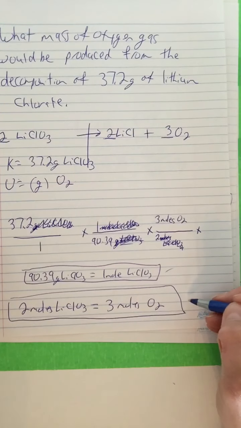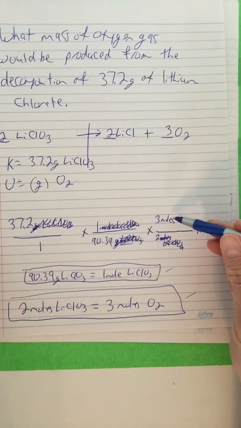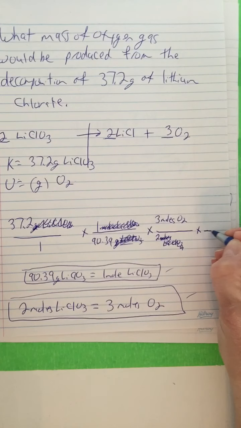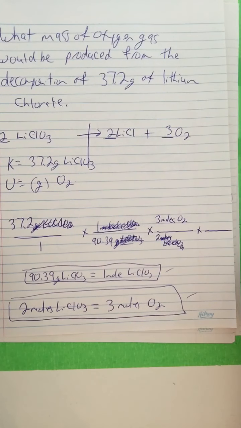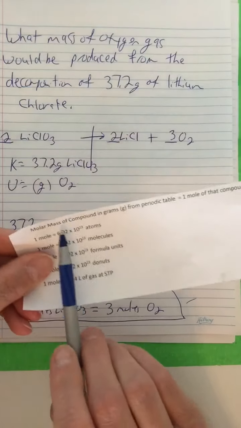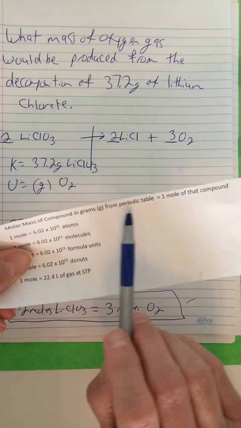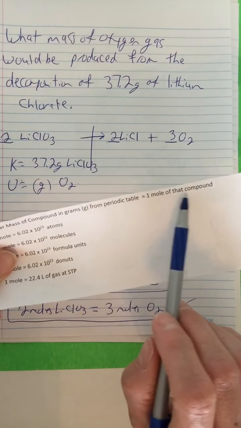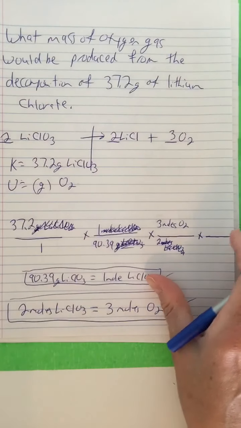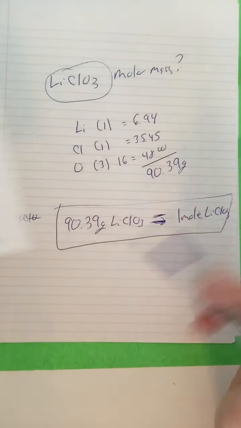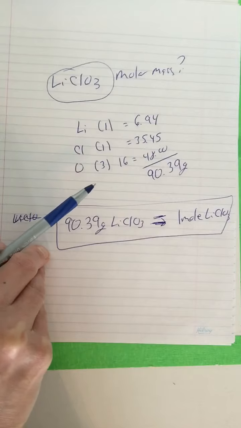So I've used this conversion factor and this conversion factor. Now I need to do the last one. I need to get rid of moles of O2 and get to grams. Well, we know how to do that. The molar mass of a compound in grams from the periodic table is equal to 1 mole of that compound. So let's do another little scrap like this because I'm running out of space.